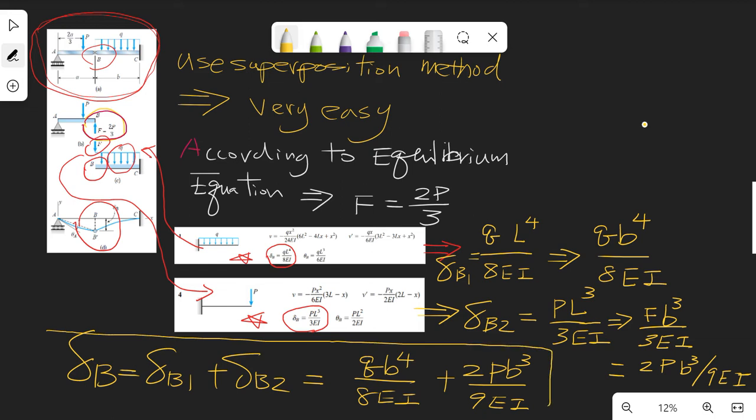Just use the appendix table. This is the superposition method, a very good method for deflection.